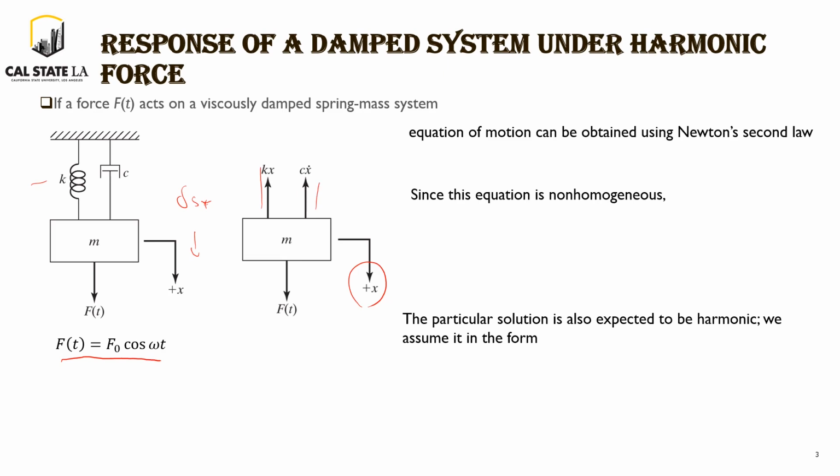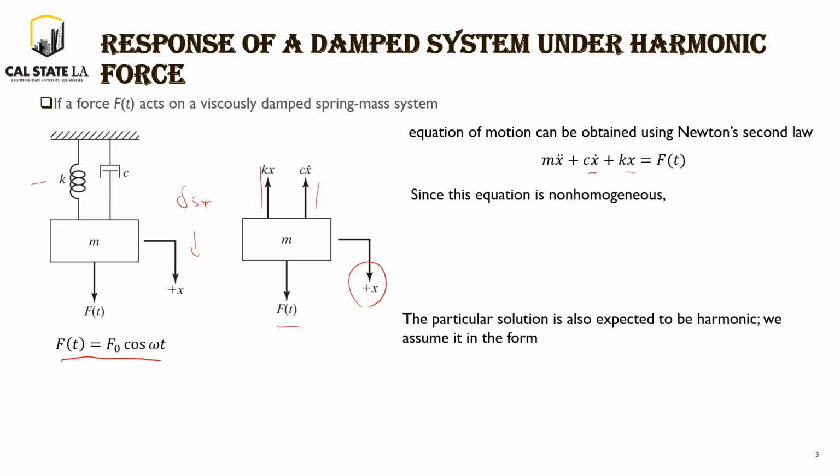At the same time, the object is subject to an external force F(t). Then we can write the equation of motion, m x double dot equal to the summation of all the external forces. Then we move the negative kx and negative c x dot to the left-hand side, which gives us the equation of motion: m x double dot plus c x dot plus kx is equal to F(t).